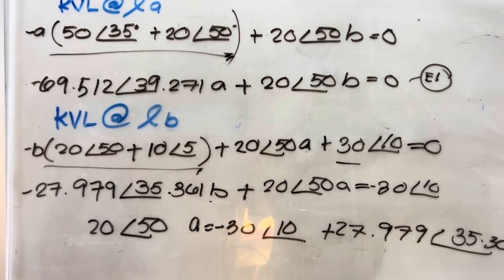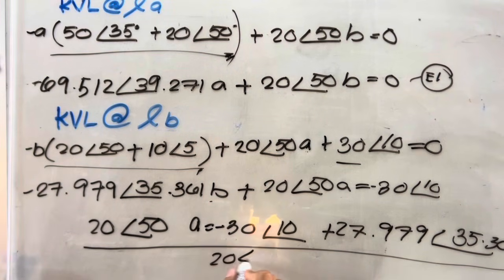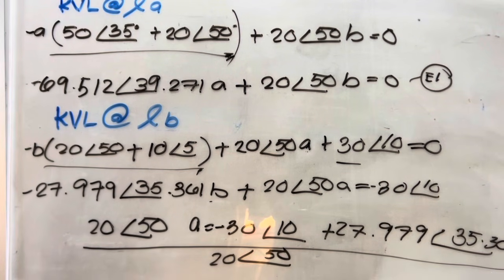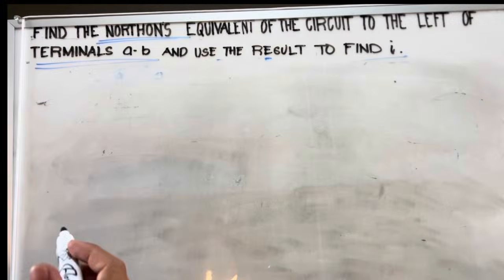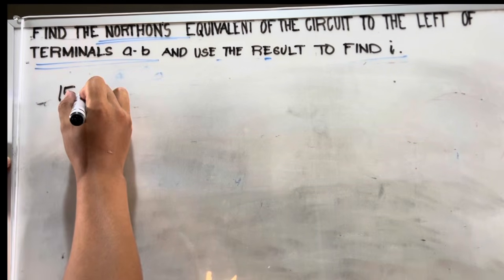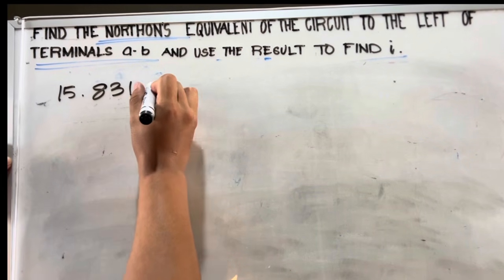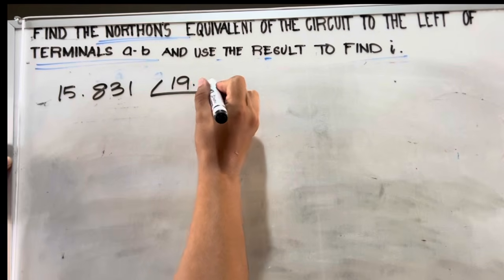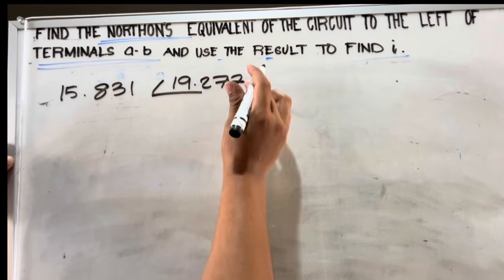We will now divide both sides by 20 angle of 50.